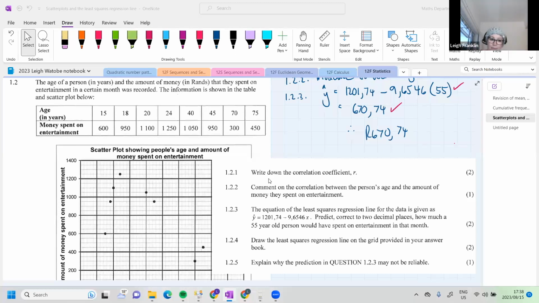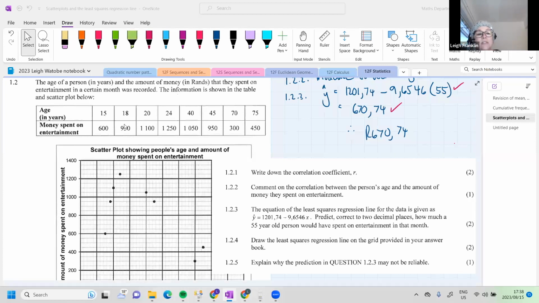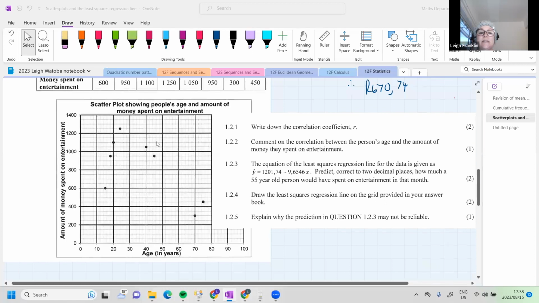and 75. So what we can do here is use the equation of the least squares regression line to find a value just inside of our minimum, which is 15. Just inside of that would be 16.